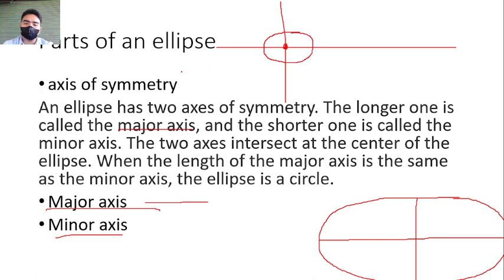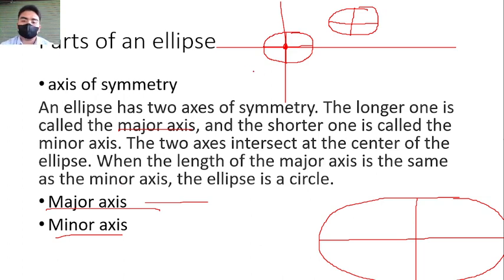Okay, you have the axis inside of it. But sometimes there are ellipses that could be found not at the origin. So, as I said a while ago, an ellipse has its own axis inside of it. Okay, so therefore, we have the major axis and minor axis inside that ellipse.